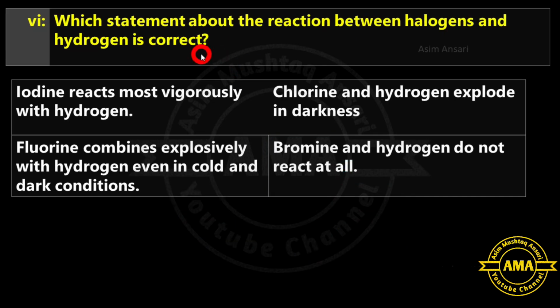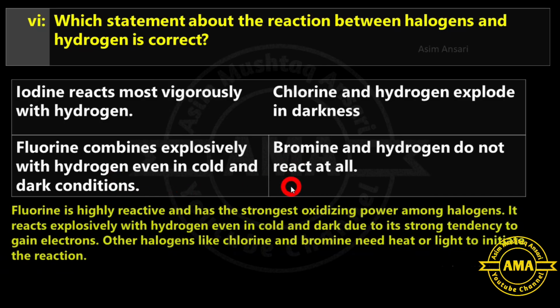Next is: which statement about the reactions between halogens and hydrogen is correct? First is iodine reacts most vigorously with hydrogen. Second is chlorine and hydrogen explode in darkness. Third is fluorine combines explosively with hydrogen even in cold and dark conditions. And fourth is bromine and hydrogen do not react at all.